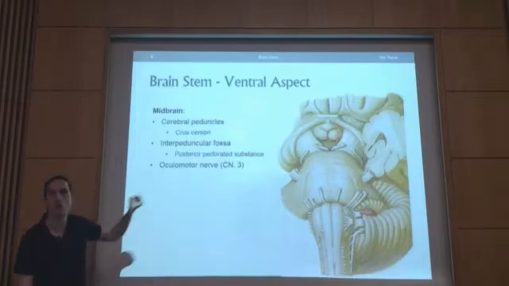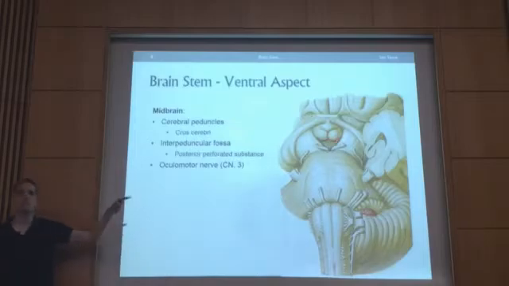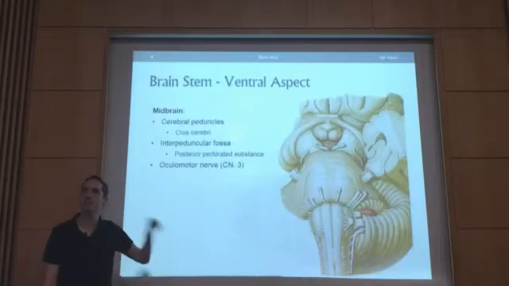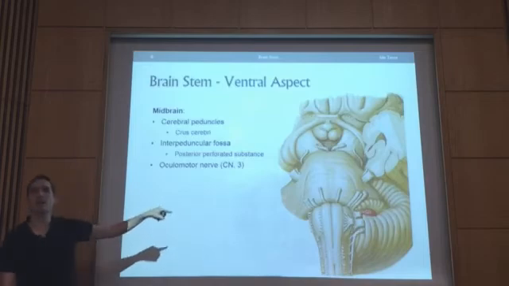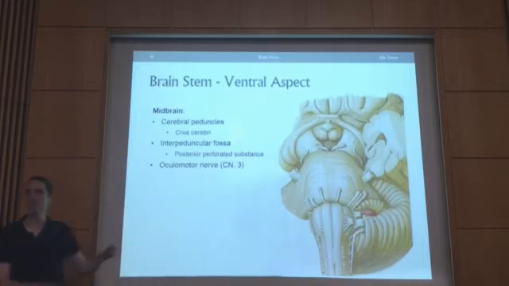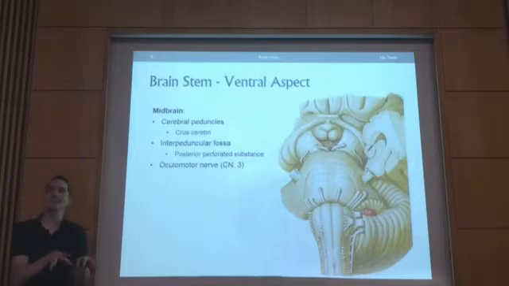You can see all of these small holes. The reason it is perforated is because very small blood vessels go inside to deep nuclei inside the hemisphere through here.